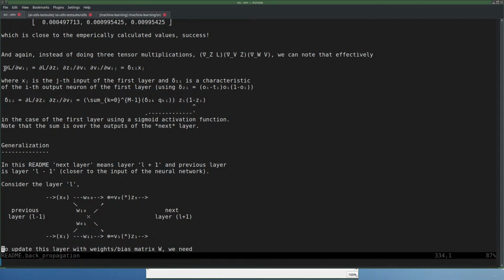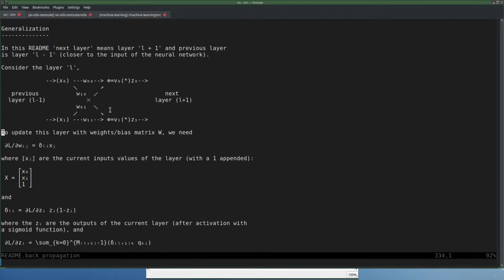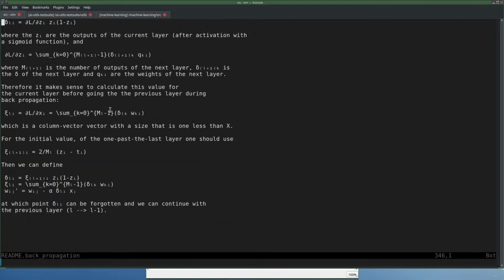We can just go straight to this, and then we're done, because that's the only thing we need. Yeah, see. So we update the weights with the learning rate times delta of this layer i times xj.